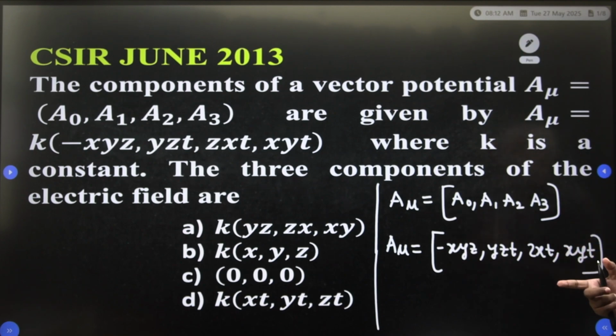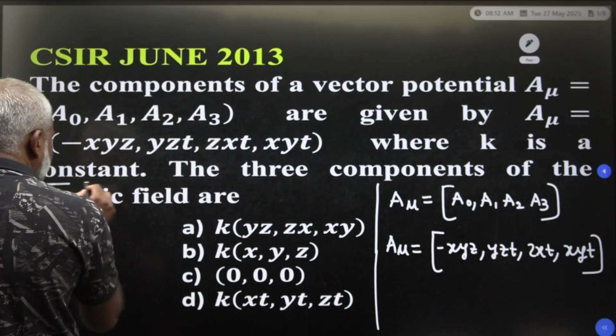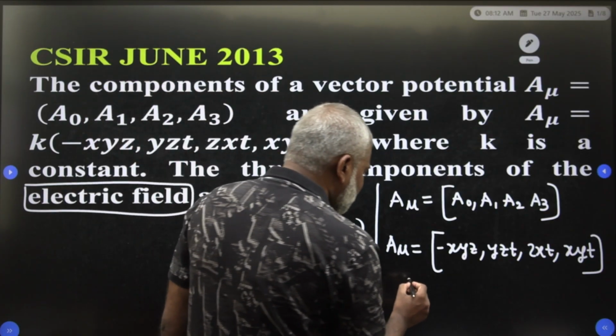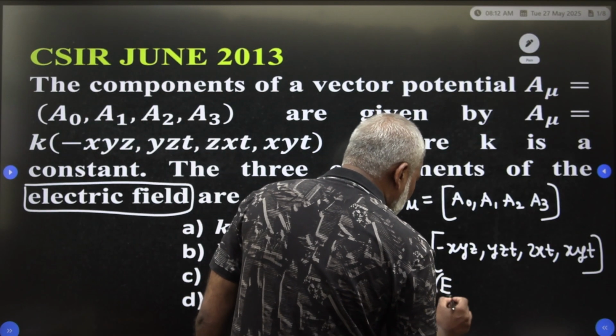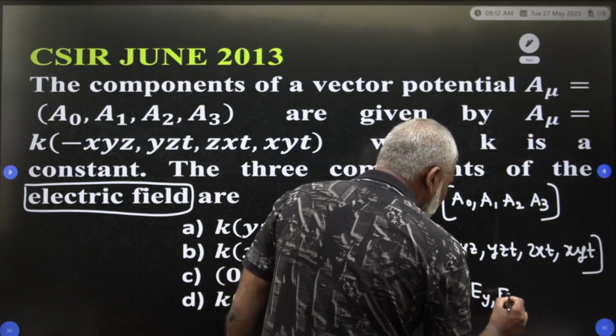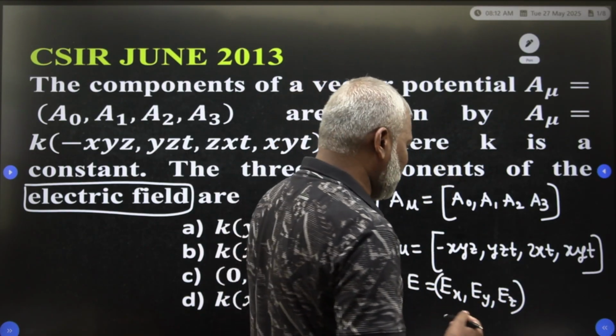We need to calculate the three components of the electric field, that is Ex, Ey, Ez, or E1, E2, E3.